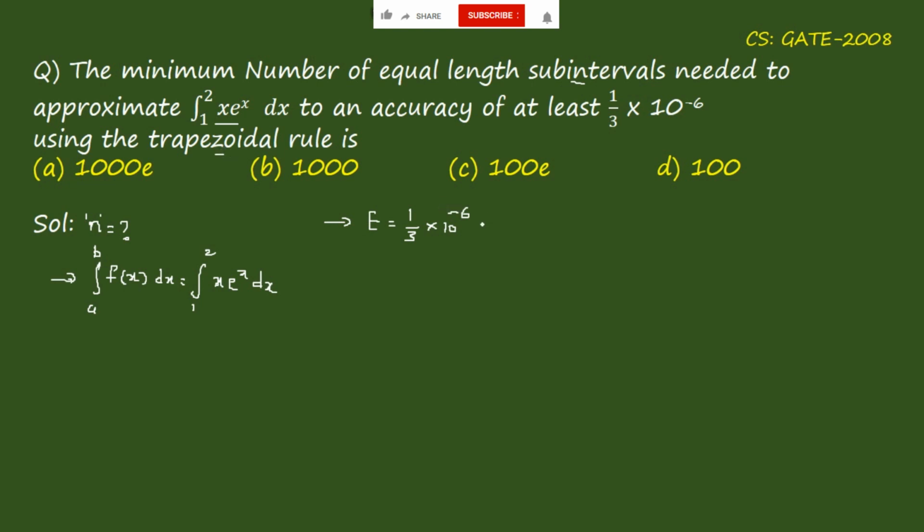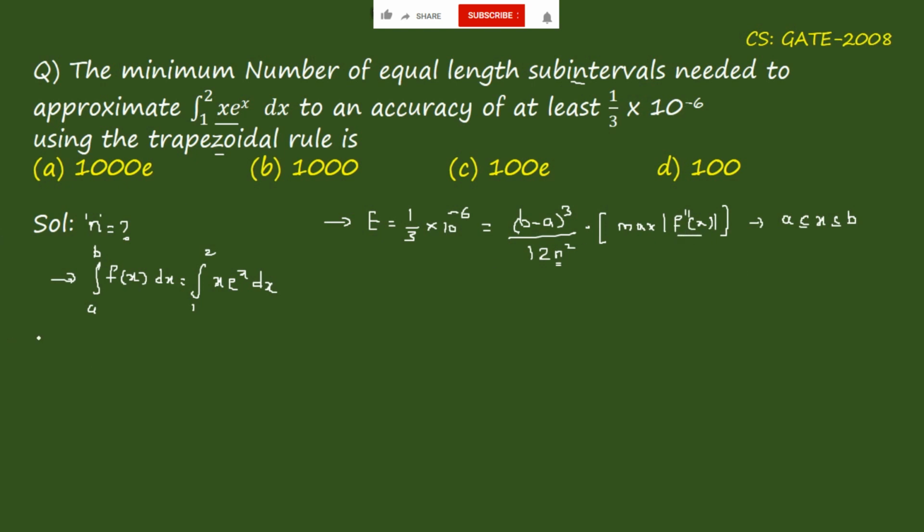So the error formula of the trapezoidal rule is given as (b minus a) whole power 3 by 12n square into the maximum value of mod of f double dash of x, where x is in between a and b, right? By using this formula, we have to find the value of n. First we need f double dash of x.